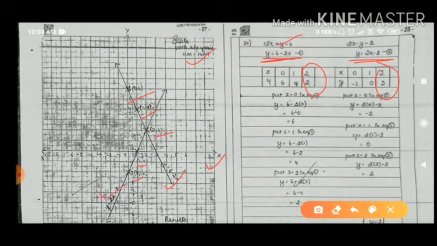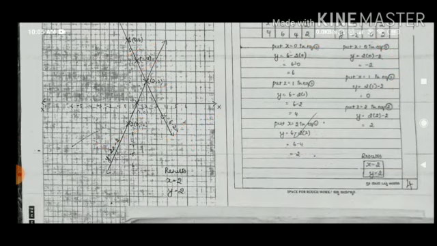So please mark each and everything, and finally you have to write the result from the graph. From the graph x is equal to 2, y is equal to 2, because that is the solution. You have to write the points where they are intersecting, that is 2, 2: x is equal to 2, y is equal to 2.